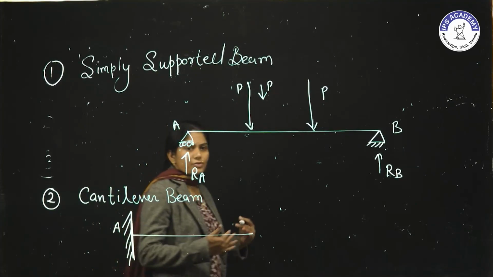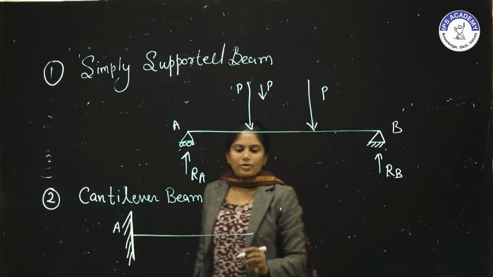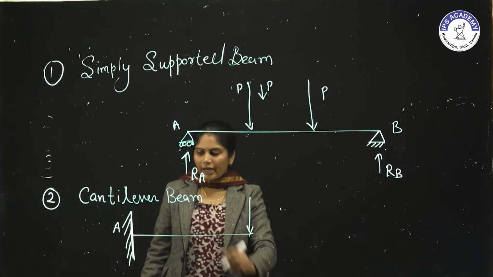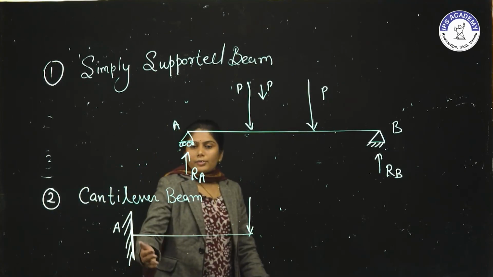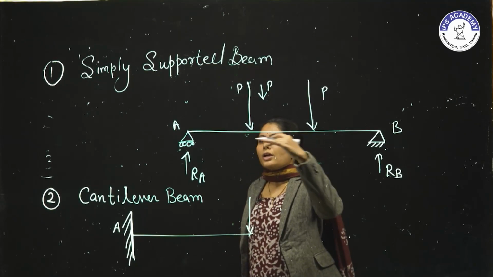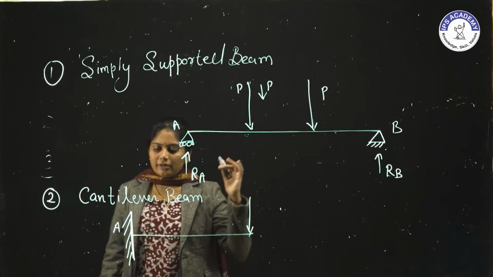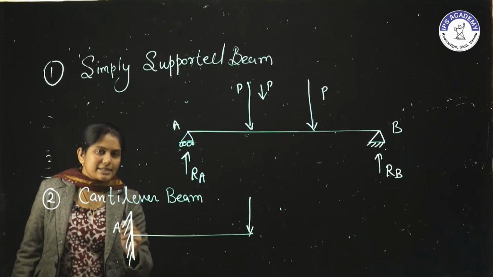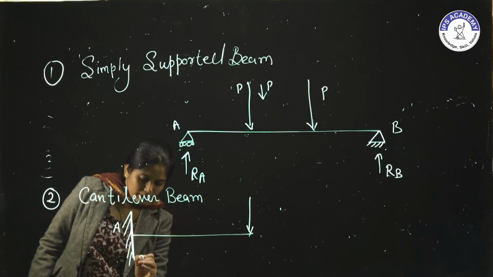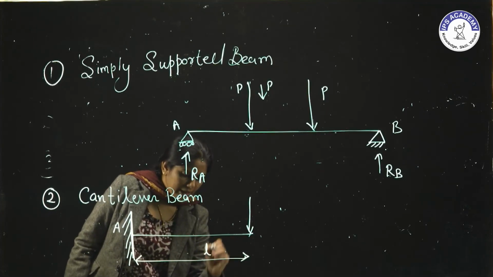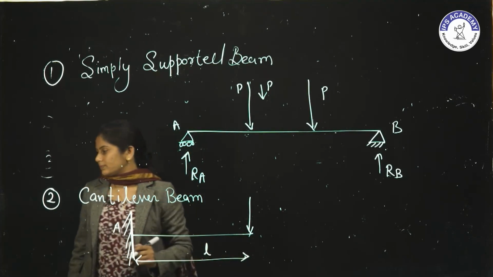One end is fixed while another end is free. In the simply supported beam, this end is free to rotate, but in this beam, this end is not free to rotate. This is the difference. This is the length. This is the cantilever beam.